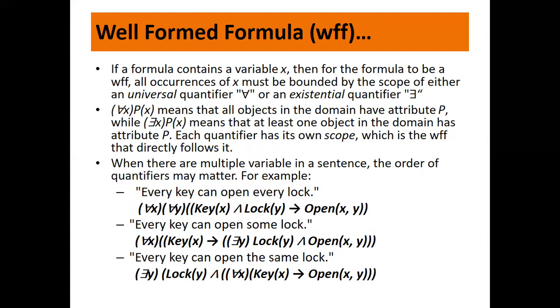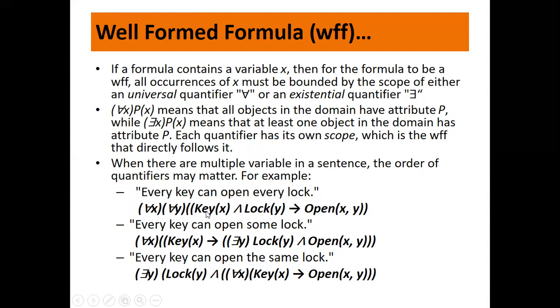Now, when there are multiple variables in the sentence, the order of quantifiers may matter. For example, every key can open every lock. So we have every key and every lock, so you use universal quantifier x, universal quantifier y.